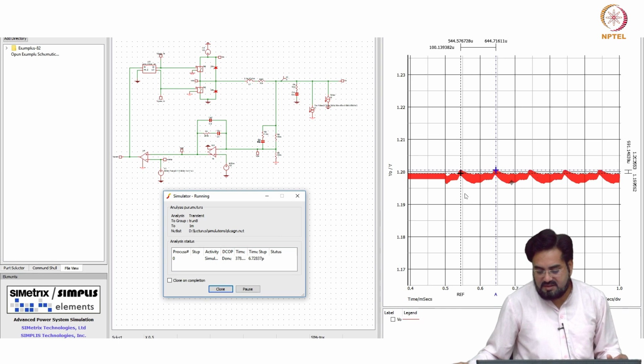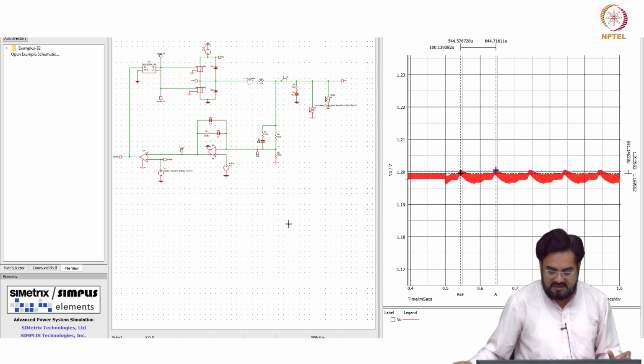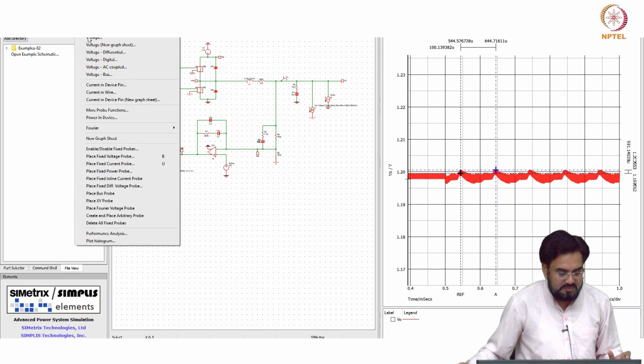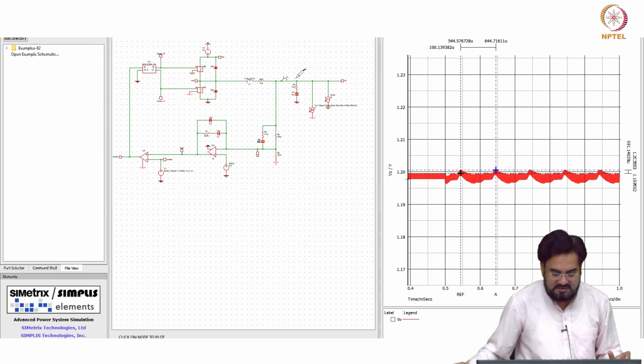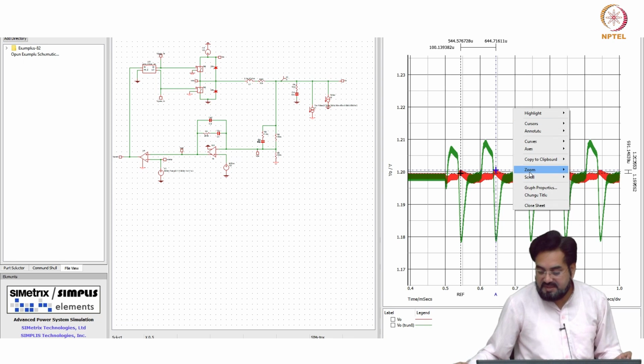So this does not look bad compared to your output without the switching load, because this is a very small ripple. But now if I do not have those poles, see, this is appearing at 10 kilohertz.